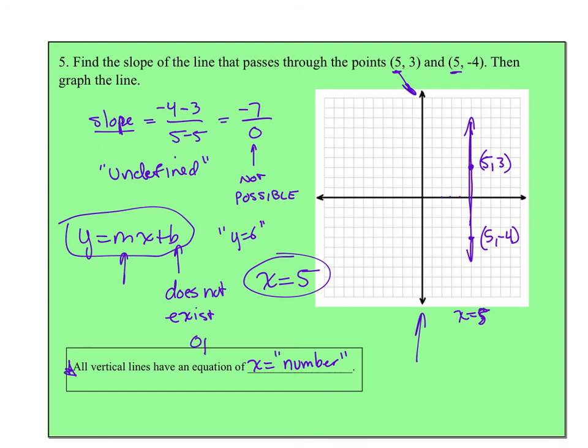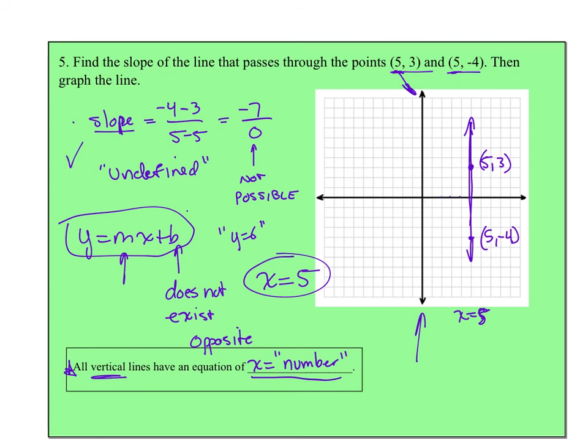Okay, again, it's kind of the opposite of what you would think. You think, oh, a vertical line goes up and down, so that must be y. Well, not really, not in this case. It is where x equals whatever my x value is. Okay, so if you don't pick up on this right away and you start running into, like, wait, my slope is undefined.